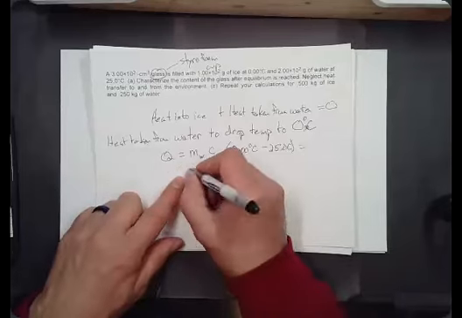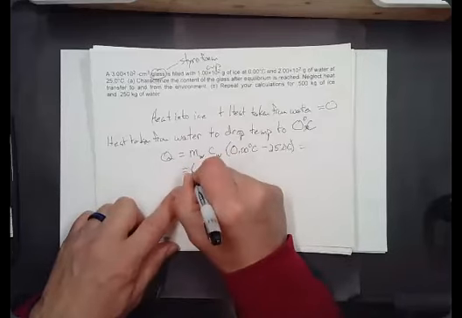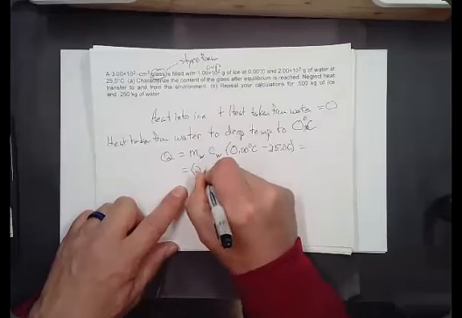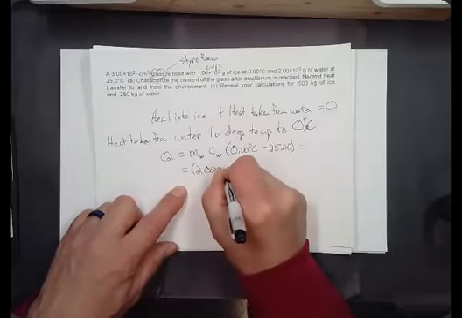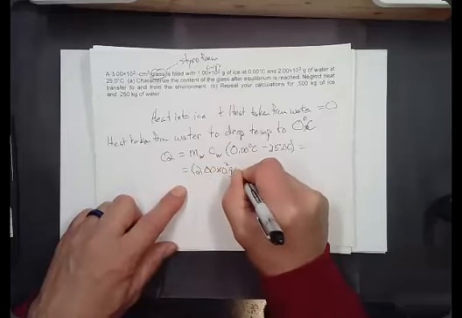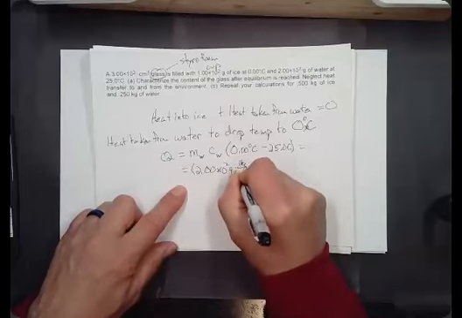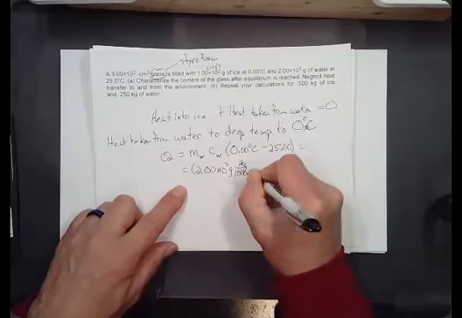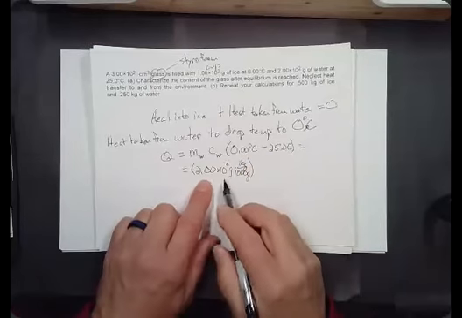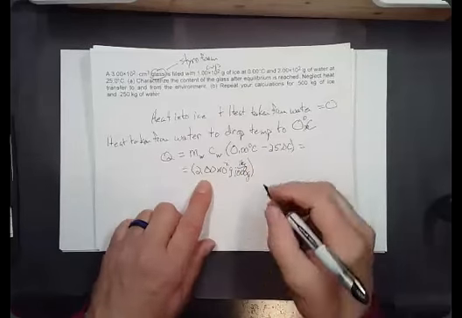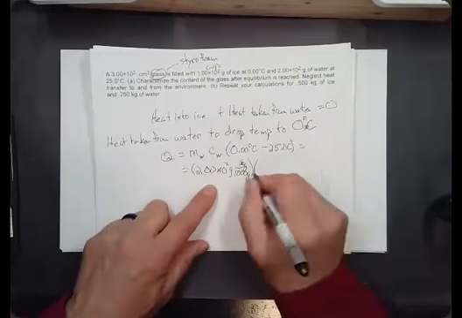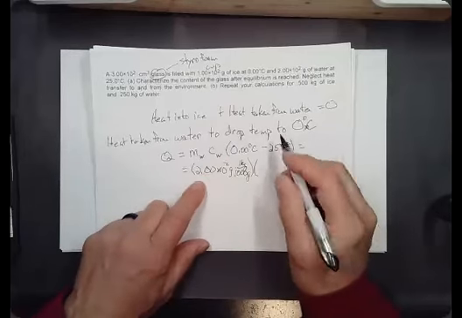So I'll just leave it as grams. Well, 2.00 times 10 squared grams times 1 kilogram over 1,000 grams. And I think I'll end up with 0.200 kilograms when I do that, but you can check it if you want.